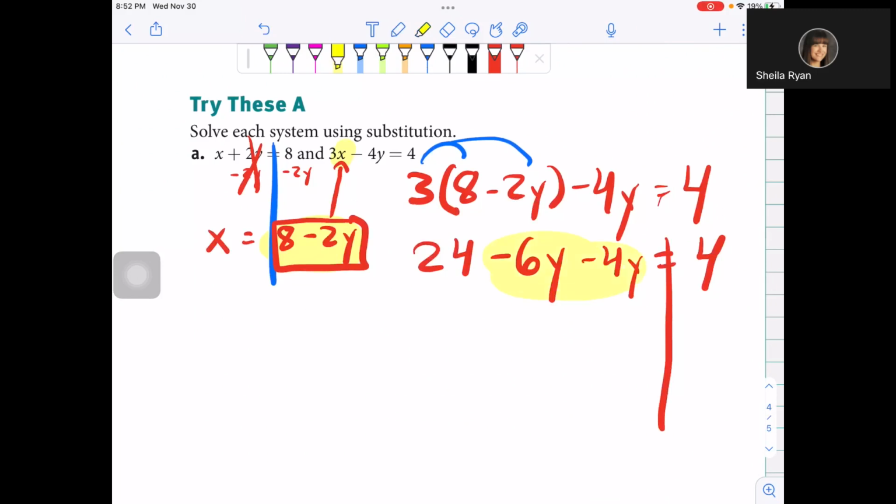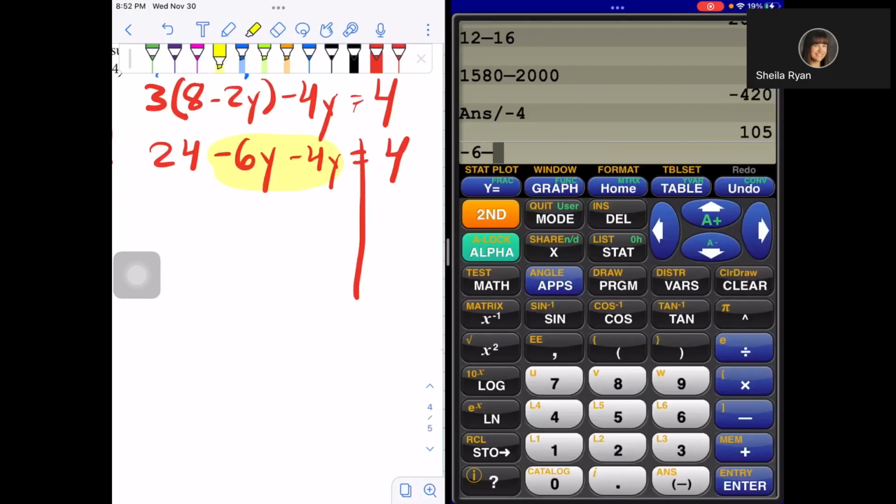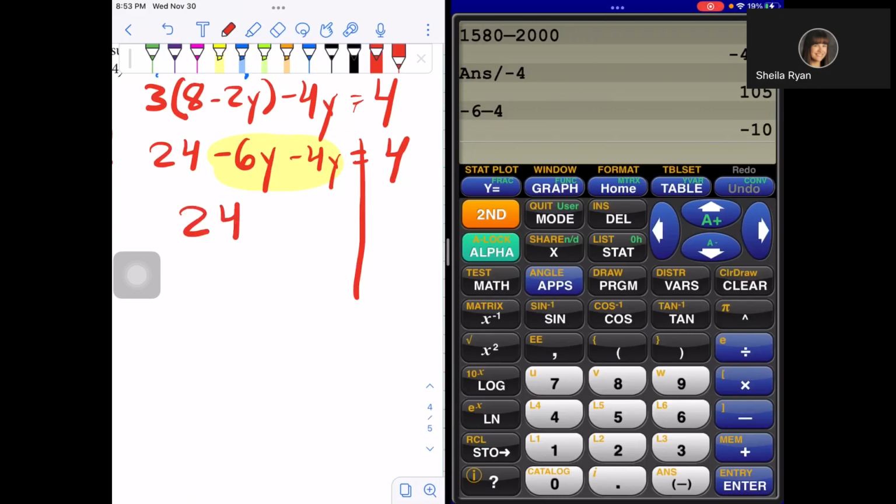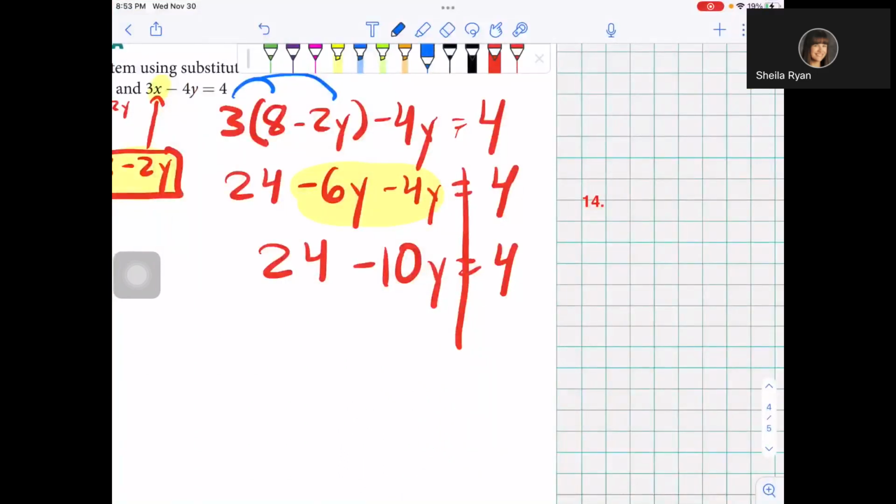These are like terms. We have variables and variables. So that is minus 4. We're going to just put those together, and that's going to be a negative 10y. Okay, so those are just groups, so we're getting y alone.